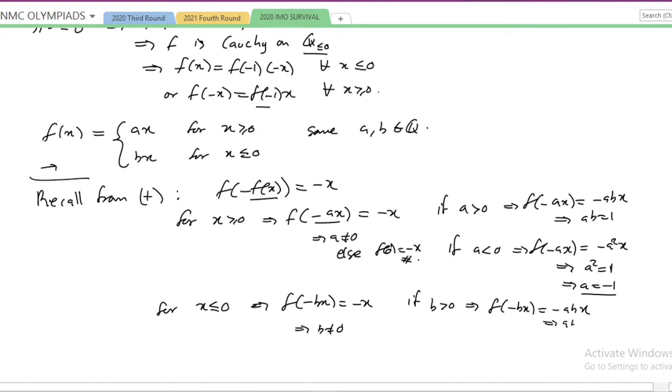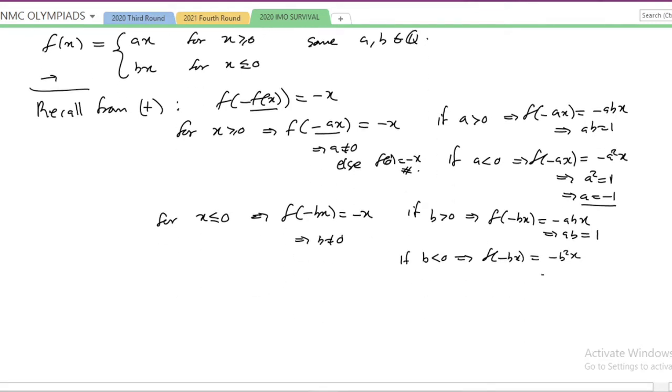Alright, so comparing coefficients on this, we get this must be 1. And if b is less than 0, then similar to what we had before, this will be minus b squared x, and this means b squared is equal to 1, or b is equal to, since b is negative, minus 1.